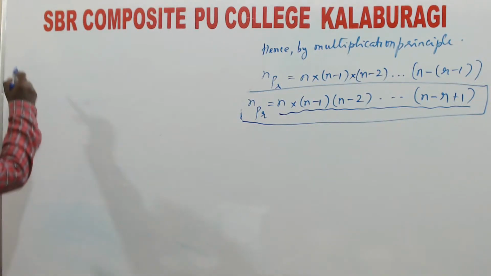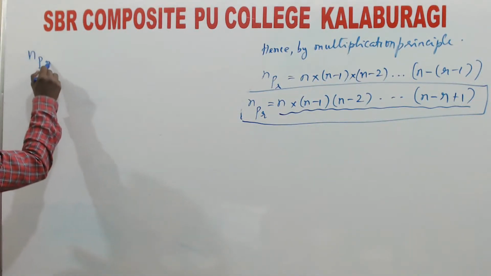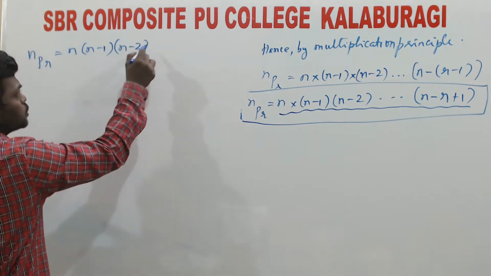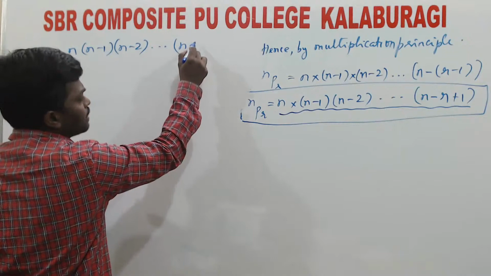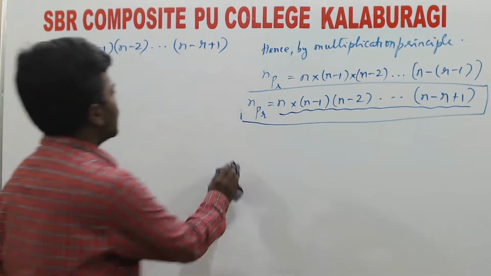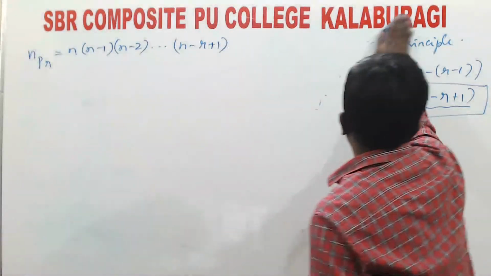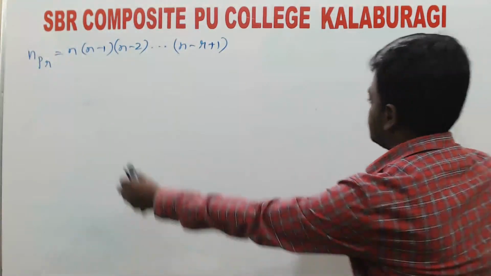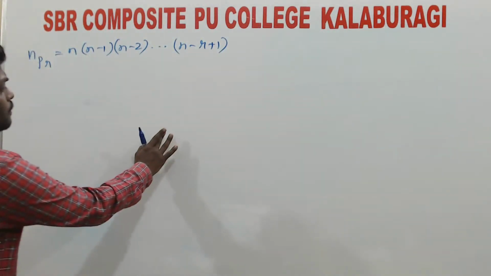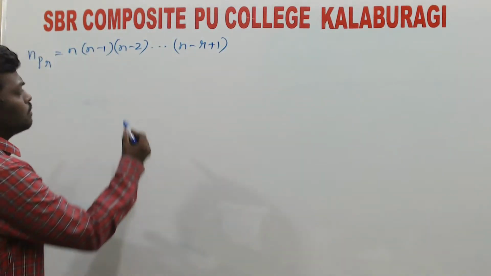Okay, students. So what is nPr now? We have understood what nPr is: n into n minus 1, n minus 2, so on up to n minus r plus 1. Now let's use factorial notation to help.